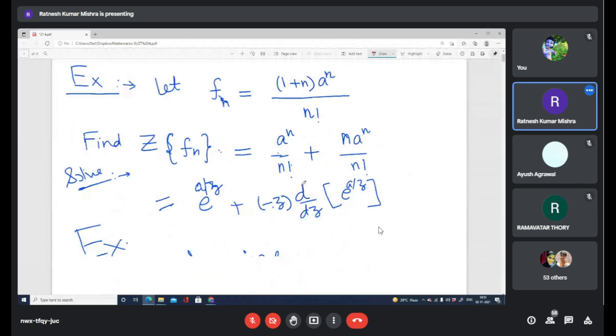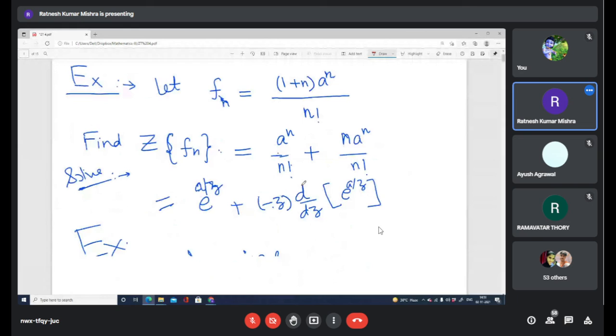The next, F3 minus F2 z power minus 2, up to Fn plus 1 minus Fn z power minus n, and so on. So this is the equation number 3.